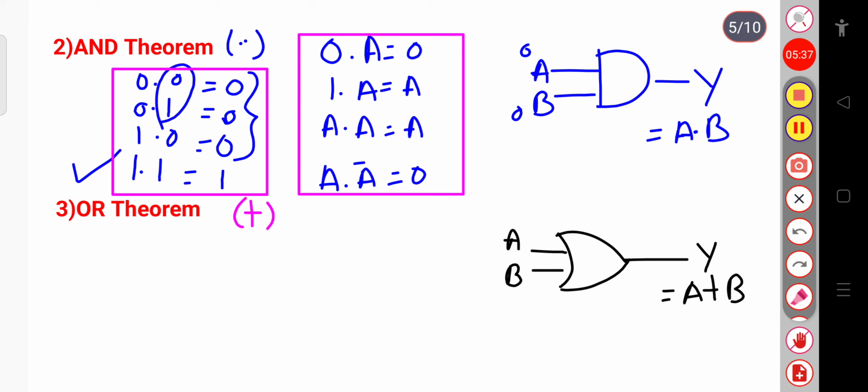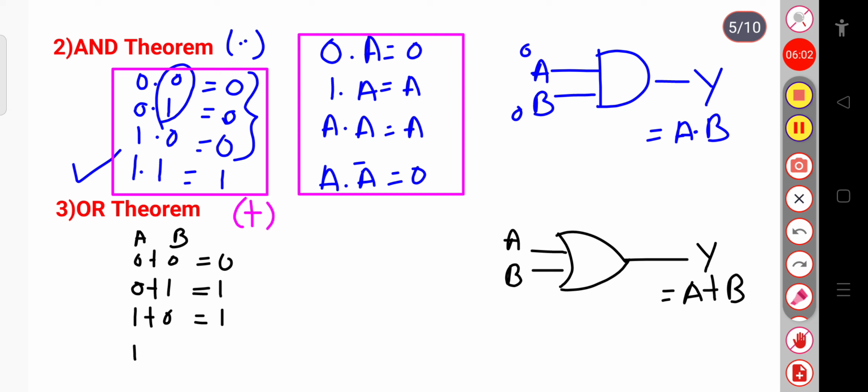Now we will see the operation, that is, what we get at the A terminal and the B terminal. Suppose 0 0, both are in the off state. If we add these two, 0 plus 0 is 0. Suppose A is 0, B is 1, then 0 plus 1 is 1. Suppose A is on and B is off, then that will also be 1.